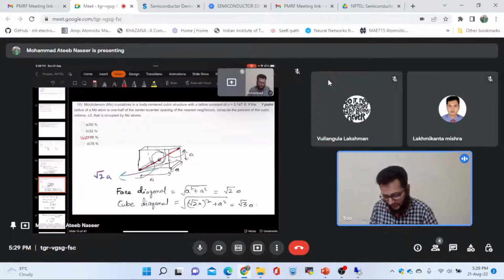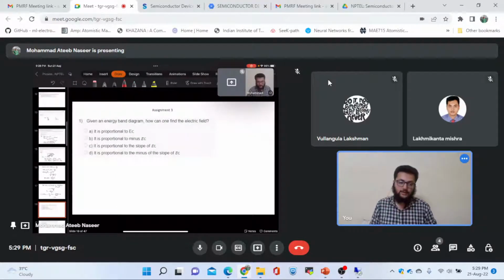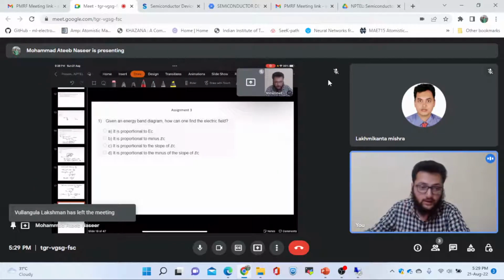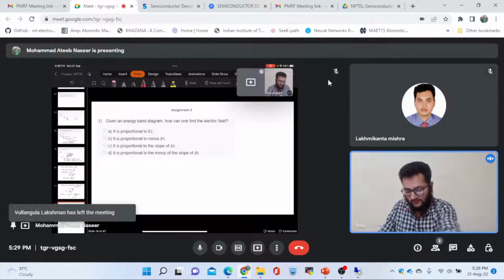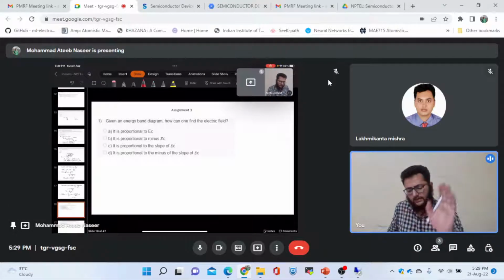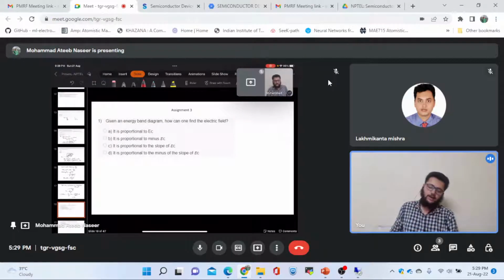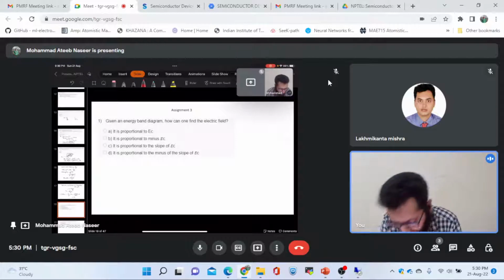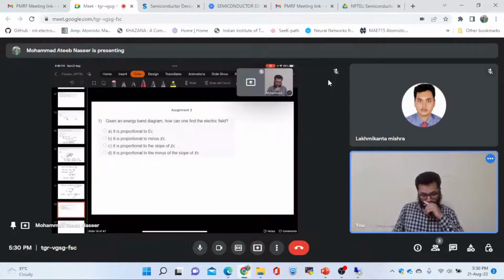So we have solved assignment 2. Now let us move to the next assignment, which is assignment 3. In here, the first problem states that we have been given an energy band diagram and we have been told to find the electric field. What is the general formulation for this? We have to find the electric field.